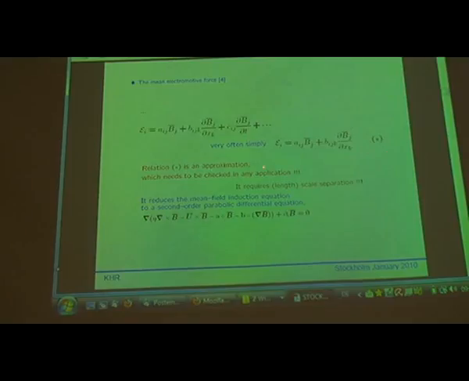Okay, this relation reduces then the mean field induction equation to a second order parabolic differential equation. Here I have these terms with Aij and Bijk written in a symbolic form. It is just the same type of equation as the original induction equation.